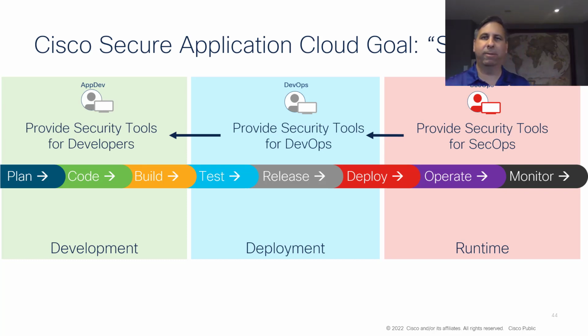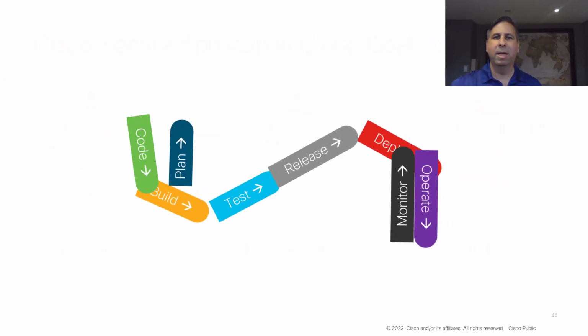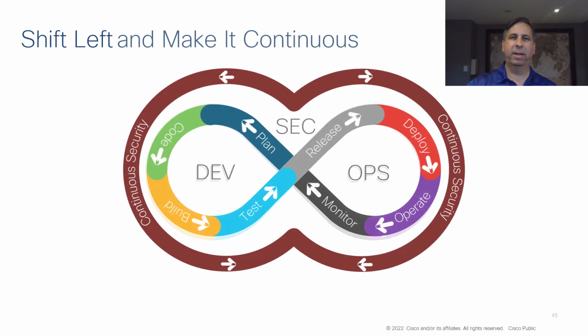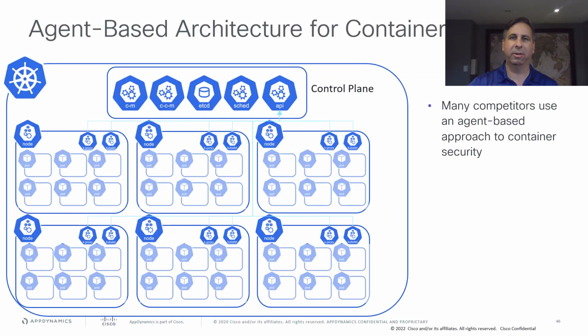And we're going to talk about, for instance, how we can enable the developer to facilitate and take security into account in the decisions they're making, so that right at the start, when they're coding the app, they've got security built into it rather than after the fact investigation that now has to result in application patching and recoding, etc. So we want to shift left and make it continuous. That's the goal of Cisco Secure Application.